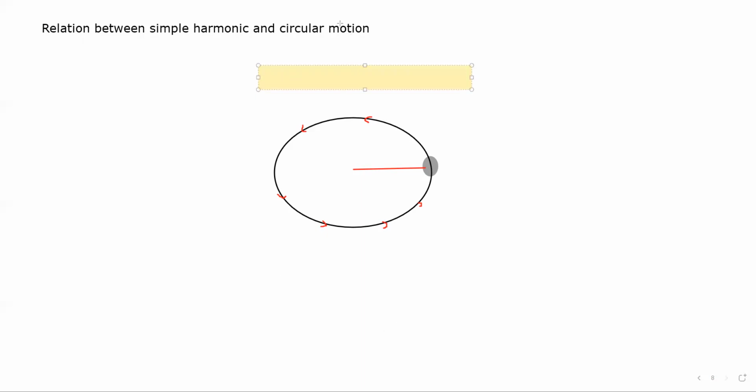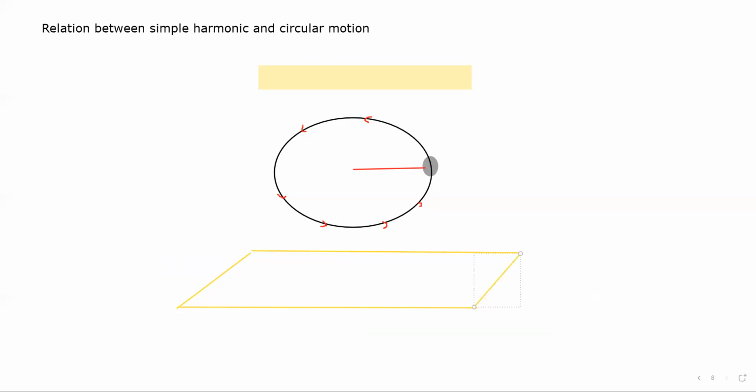So you will observe its shadow underneath. The shadow of this object, which is moving in a circular path, is performing a vibratory motion or simple harmonic motion.